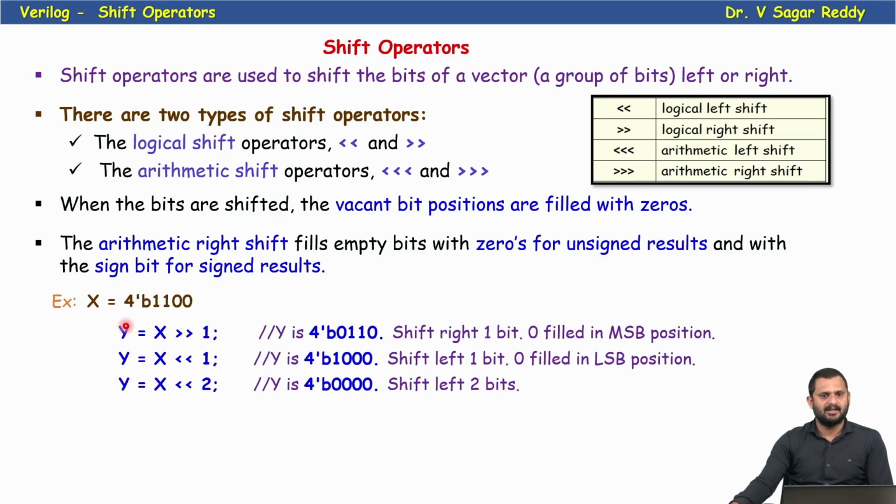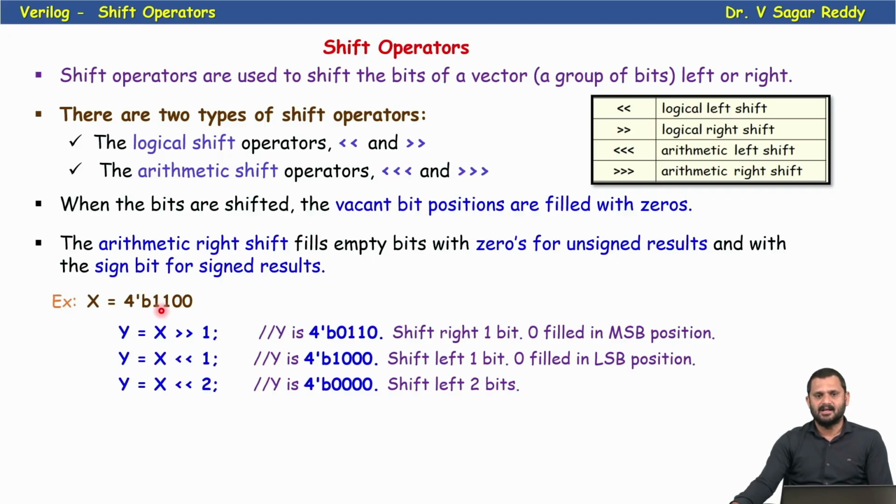Coming to this example, take one variable x equal to 4'b1100, a 4-bit variable. If I perform x >> 1, what is this? A right shift by how many positions? One position.